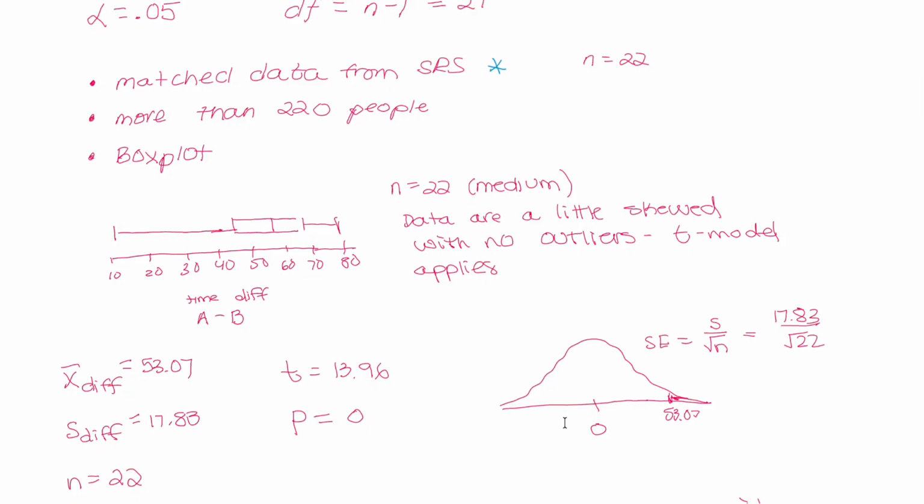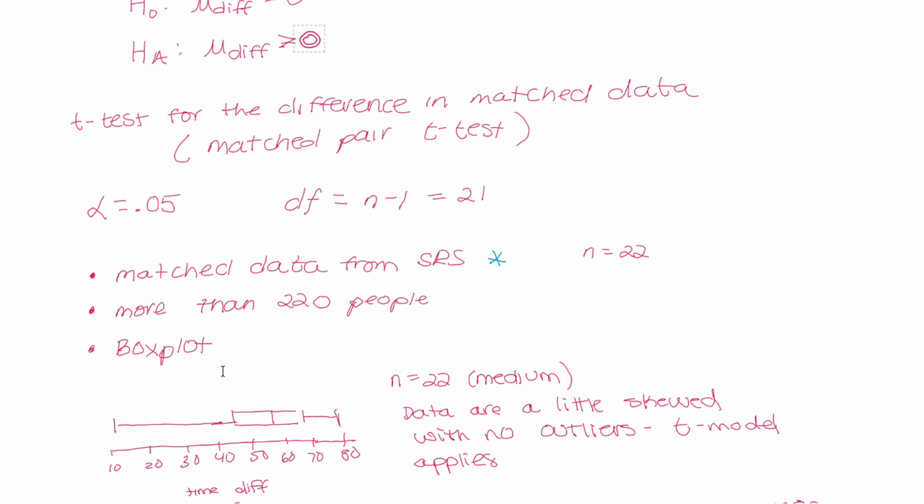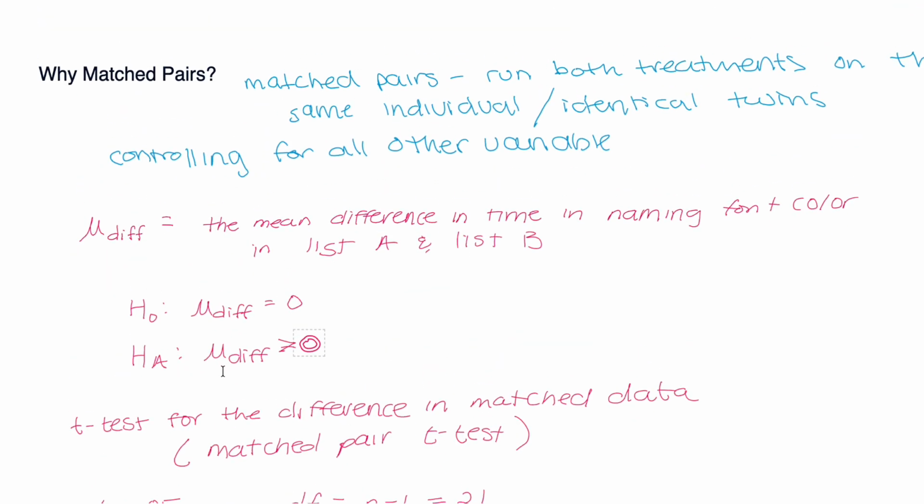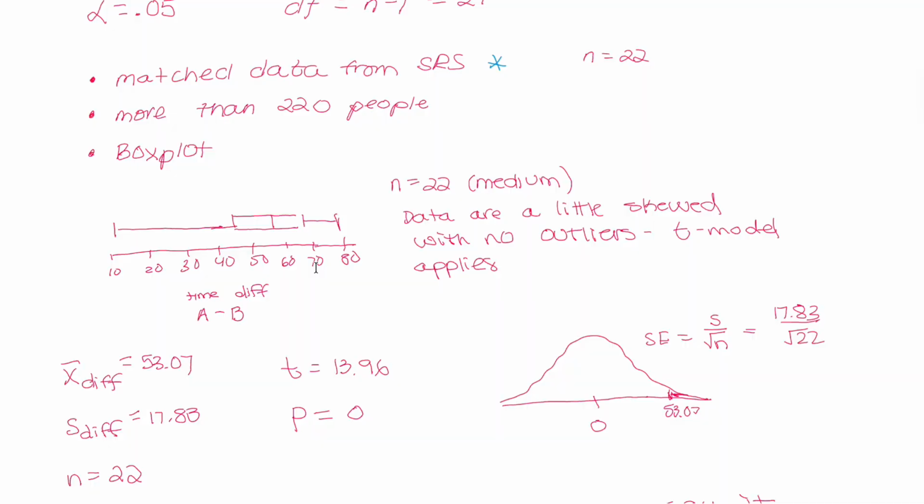Okay, and then moving on to drawing the normal curve. For this one, I will go into my calculator and go into test. It will be the t-test, because we're doing the difference in matched pair data. Even though we are collecting two sets of data, we are doing only one t-test. So don't forget to hit t-test on your calculator and get the following values. P is extremely small, so I just approximate that to be 0.